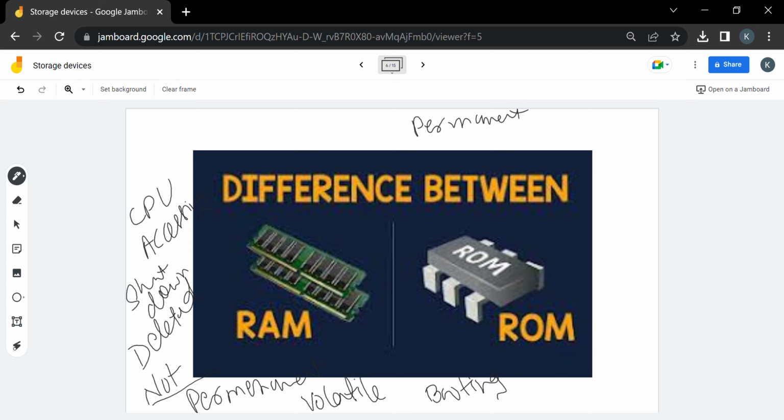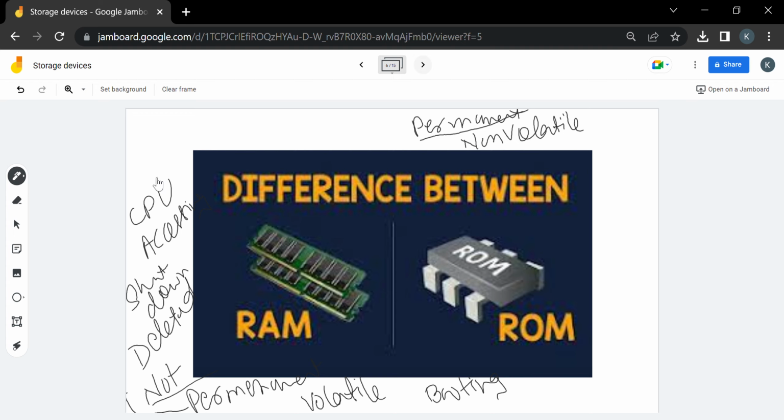So it is in fact storing the bootstrap program. Booting means starting up the computer, and so it is holding something permanent. It means it's non-volatile. Non-volatile means permanent and volatile means not permanent, right?